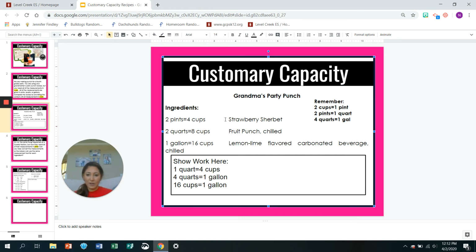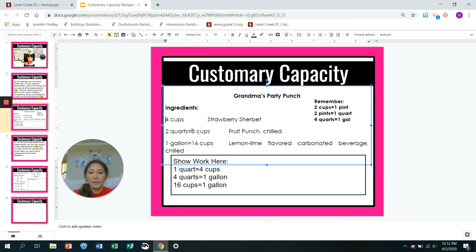Awesome. So here is our new recipe. We need 4 cups of strawberry sherbet, 8 cups of fruit punch, and 16 cups of lemon lime flavored carbonated beverage. And now we can make this recipe using our measuring cup.